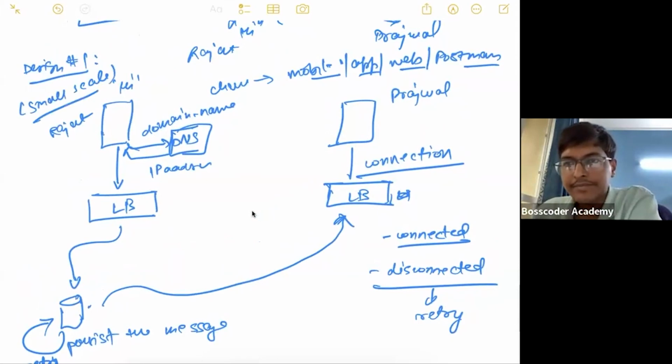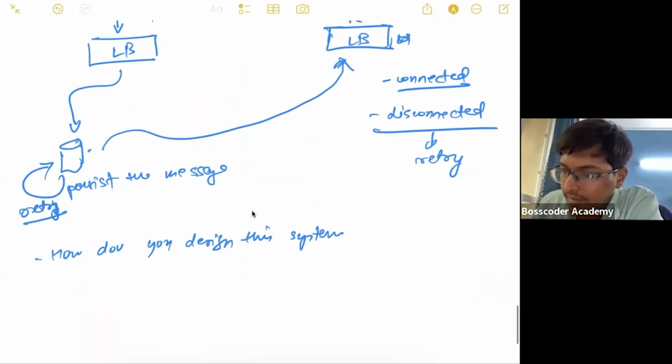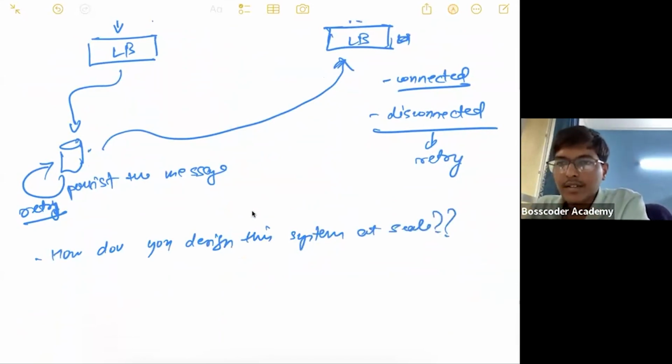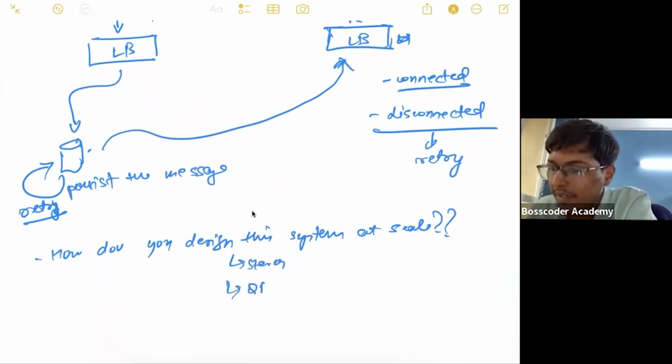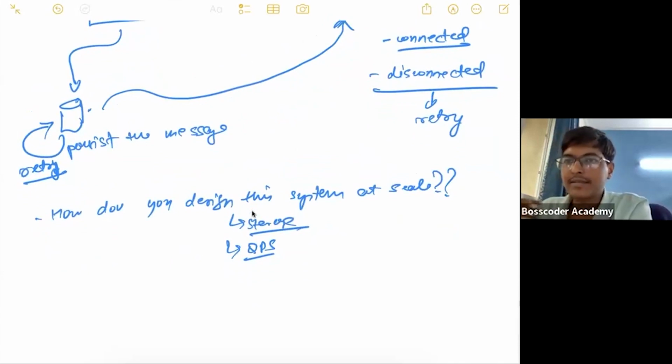Now tell me, how do you design the system at scale, in terms of both storage and QPS? Let's solve this first problem first. Messaging queue we will come to, but the messaging queue is for when we solve the retry problem. But let's say first we are just solving for storage and QPS.